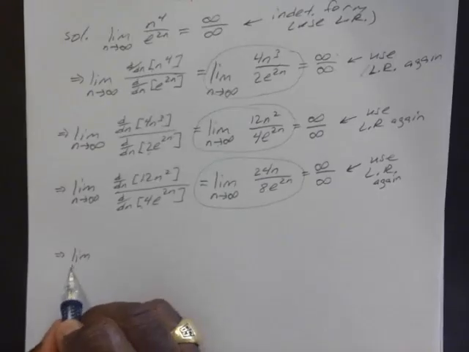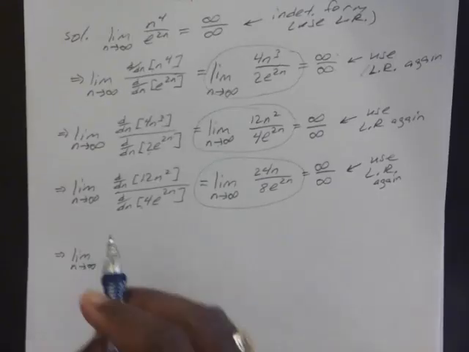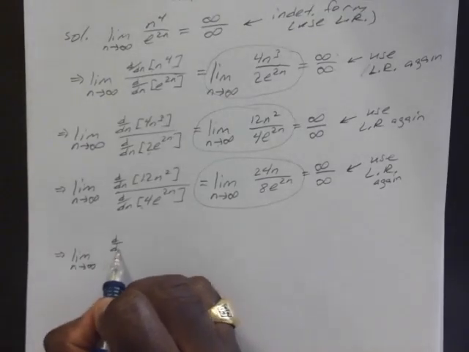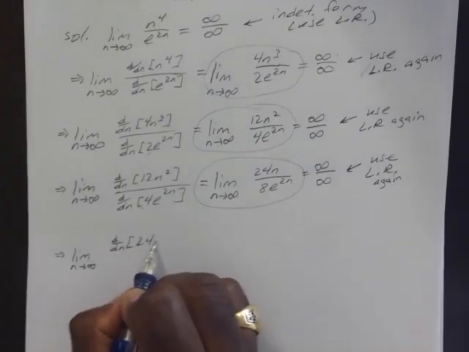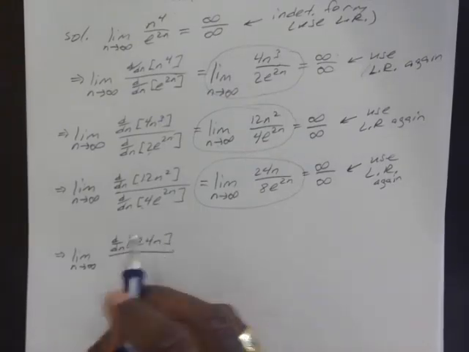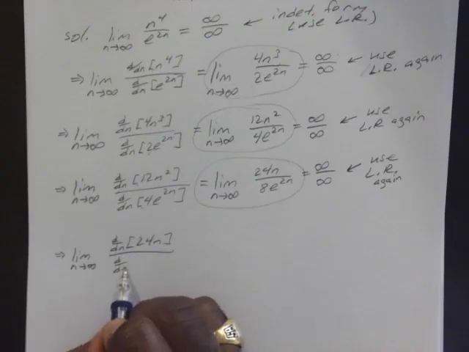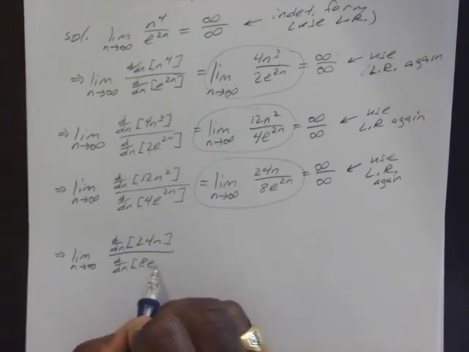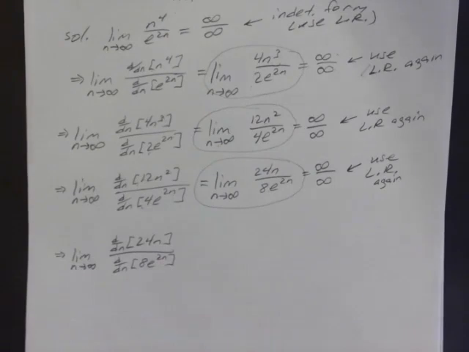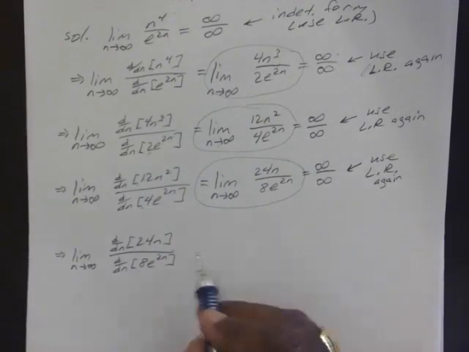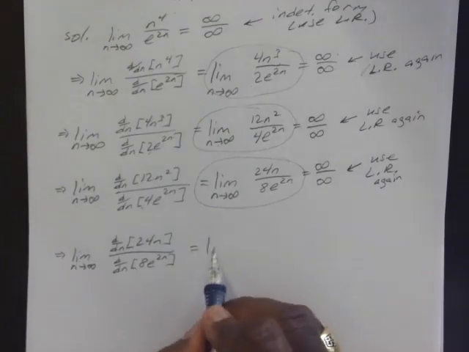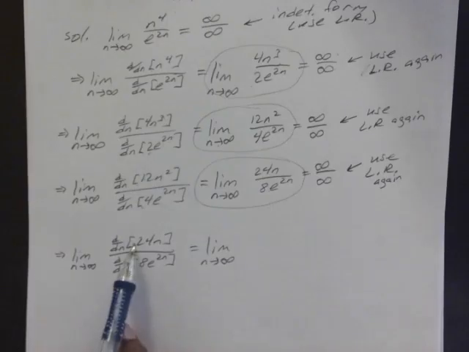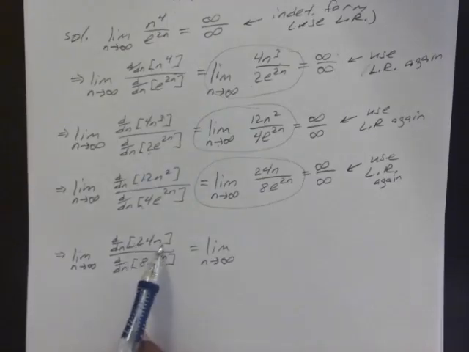So we have the limit as n approaches infinity of the derivative of 24n divided by the derivative of 8 times e to the power of 2n. So that's going to equal the limit as n approaches infinity of the derivative of 24 times n.